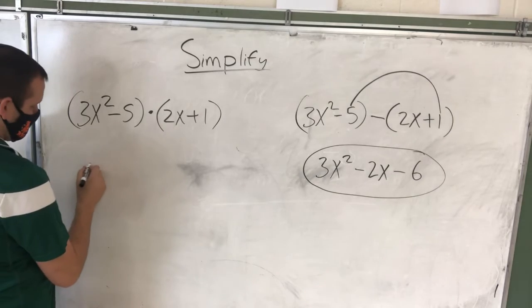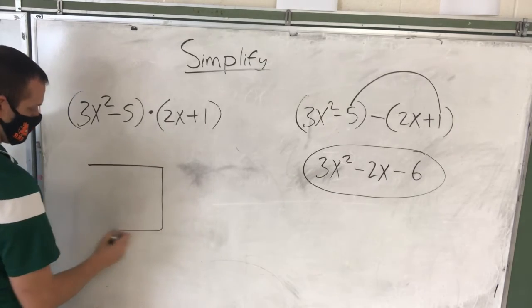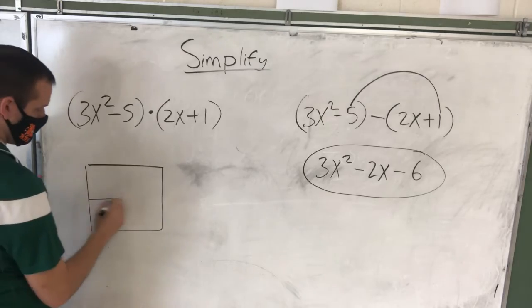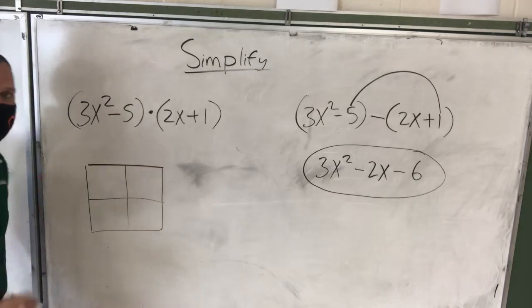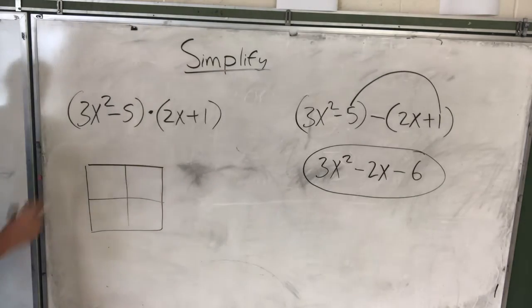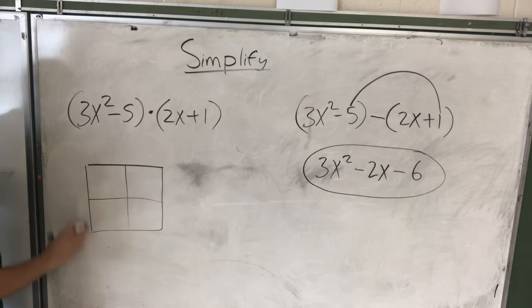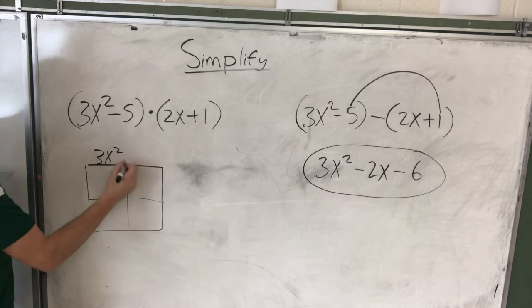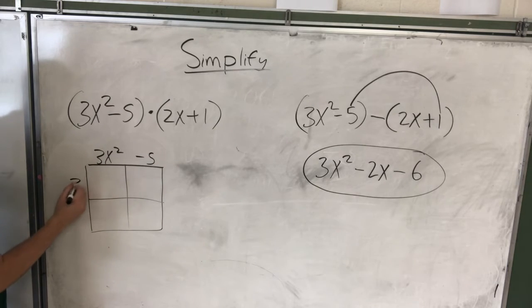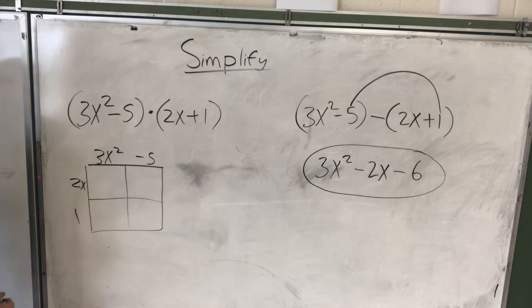Remember, I like to do the box method. Guys, if you have to, you can pause the video and make sure that you can get caught up on your notes. So I'm going to look. I've got 2, so I did 2 wide, 2 tall, 3x squared minus 5. I've got 2x and 1.